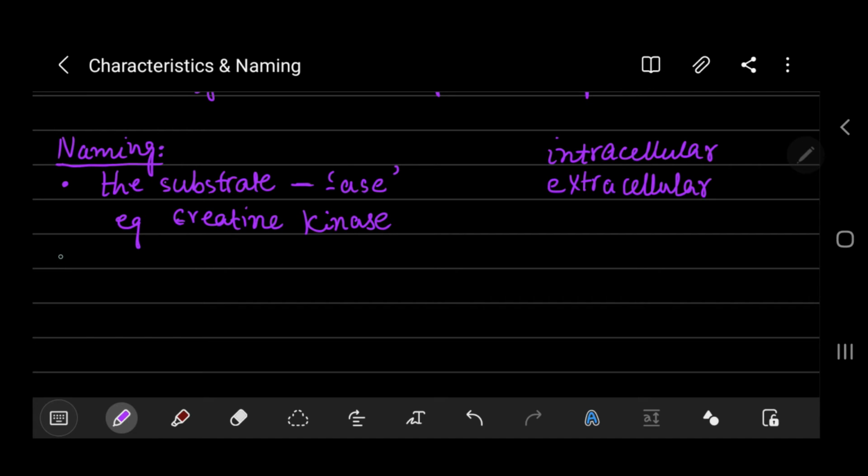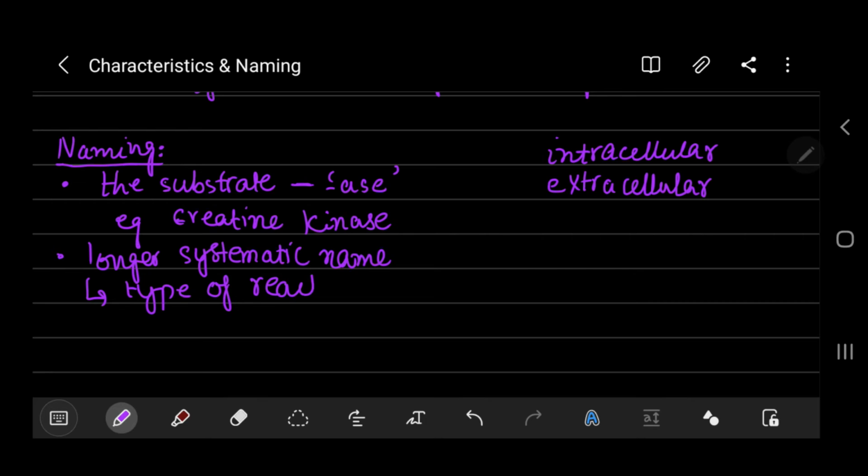The second naming system is the longer systematic name, and it describes the type of reaction being catalyzed.